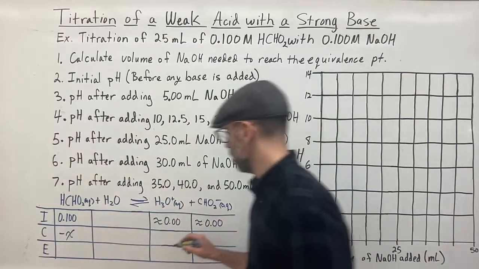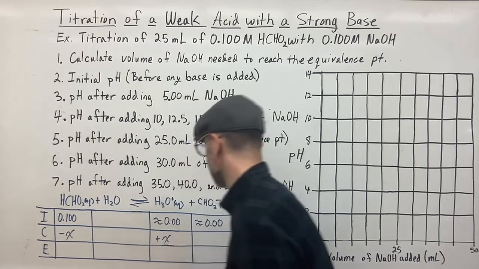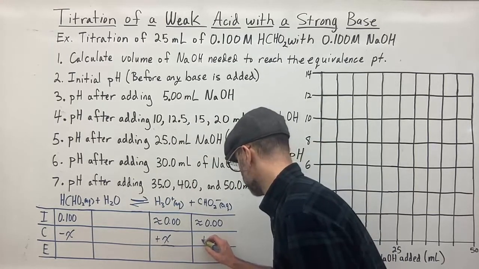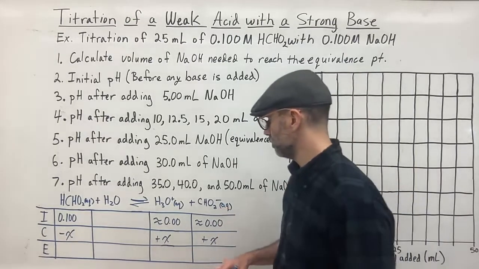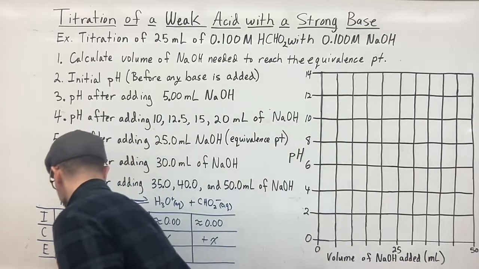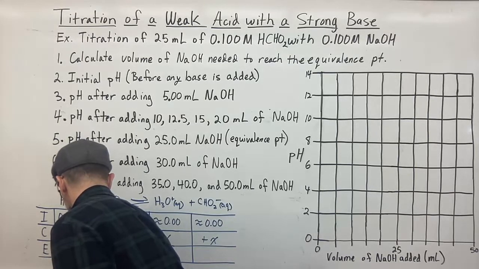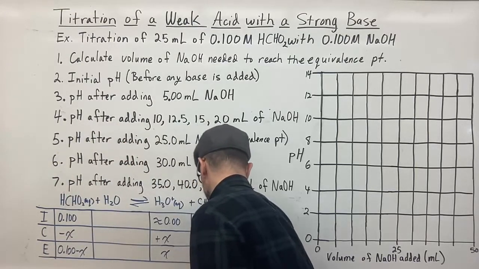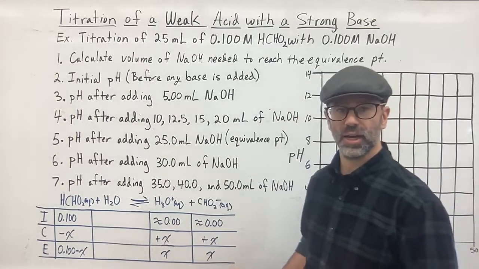Everything is 1 to 1, so this is going to be a plus X. So we're going to gain some of our H plus, and we're going to gain some of our conjugate base here. And so when we add this together, the equilibrium expressions are going to be 0.100 minus X, and then we have X and X. And so now we have our ice table set up.